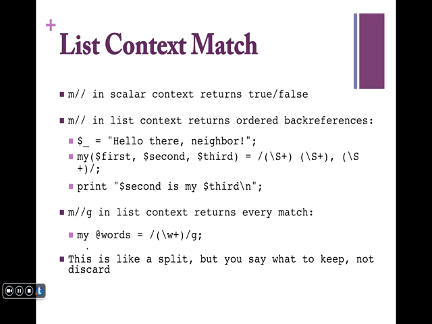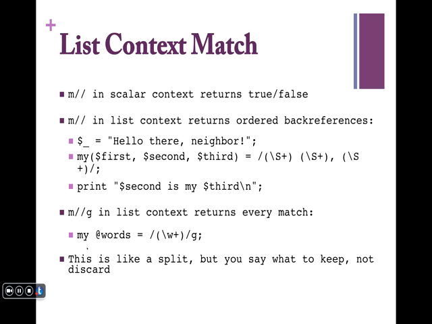And on the right side, I have the following substitution. Whatever the word is appearing, try to do the following match. Whatever the words are, remember the capital S is the opposite of lowercase s, so anything but space.